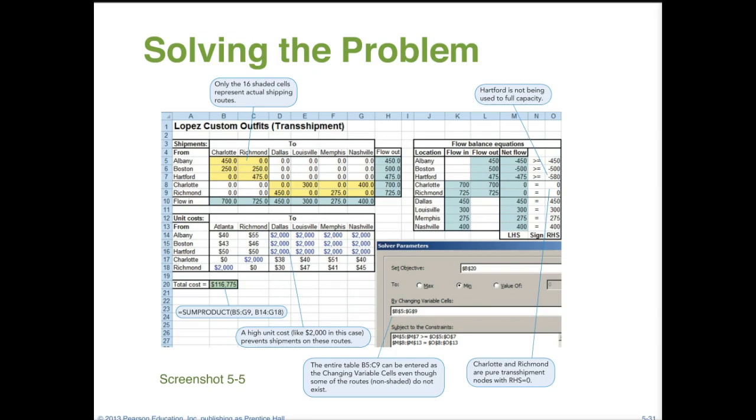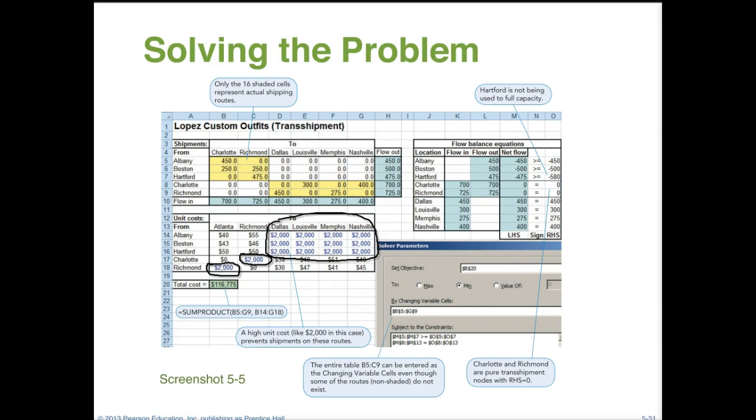Now, if we model that, this is what it would look like. And the main thing that I want to emphasize here is where you see all of these $2,000 placements. The reason that they are there is because there are some routes that you do not want to take or that you can't take. For instance, you can't ship straight from Albany to Dallas.